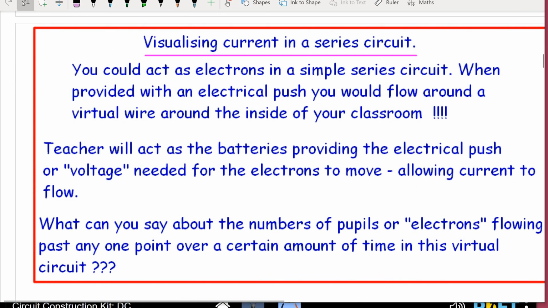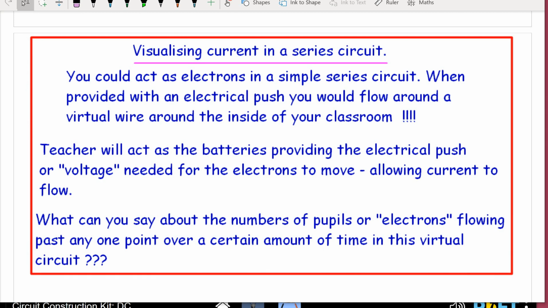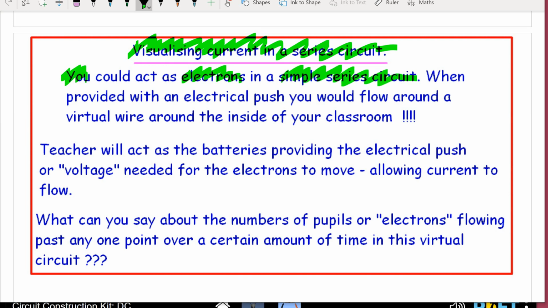And the final thing that we're going to look at today is this: visualizing current in a series circuit. You, the pupils, could act as electrons in a simple series circuit. When provided with an electrical push or voltage, you would flow around a virtual wire around the inside of your classroom.